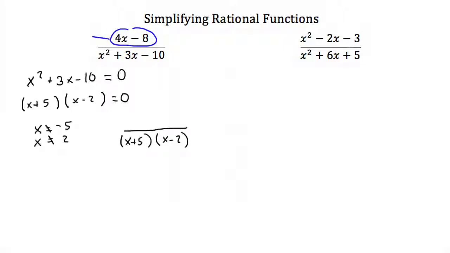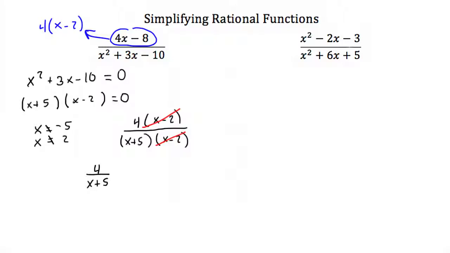If I do that, this is going to turn into 4 times x minus 2. And if I write that in here as my numerator, 4 times x minus 2, notice that I have an x minus 2 in both the numerator and the denominator, which means I can cancel this binomial. So my final solution would be 4 over x plus 5.